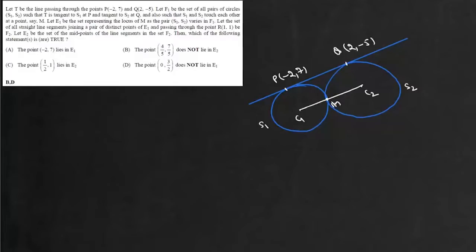Now let us draw this perpendicular line from M. So this is 90. Let's join these 2 lines. Now this is 90 and this is 90.